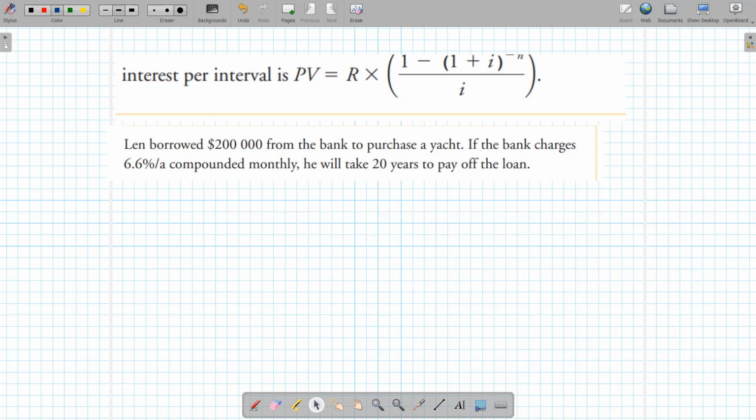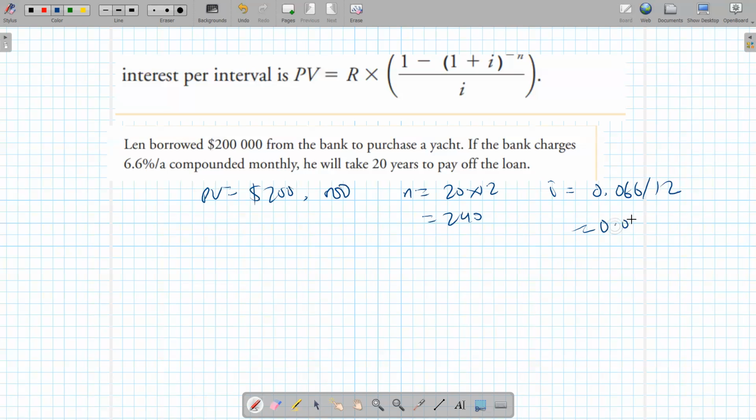What else do we know here? N is 20 times 12. And then I is 0.066 divided by 12. Right, 0.066 divided by 12, which is 0.0055.